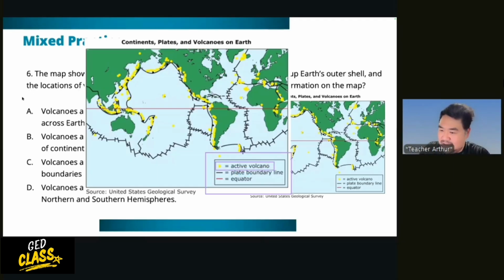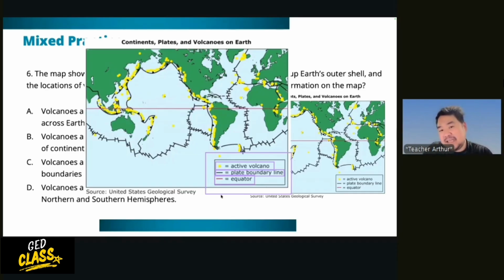So all those little yellow dots, all those yellow dots are volcanoes. The black lines are the plate boundary lines. We have those squiggly lines all over. And the red line is simply the equator, that red line that cuts through the middle there.